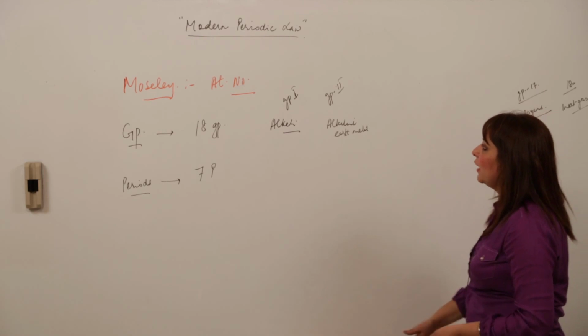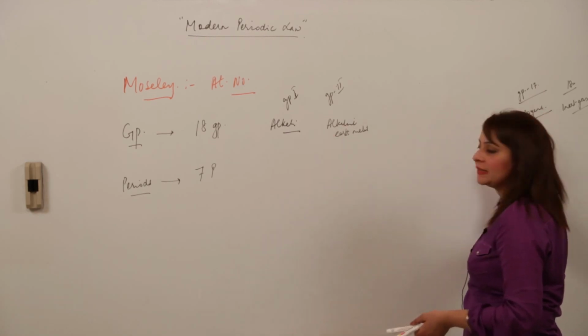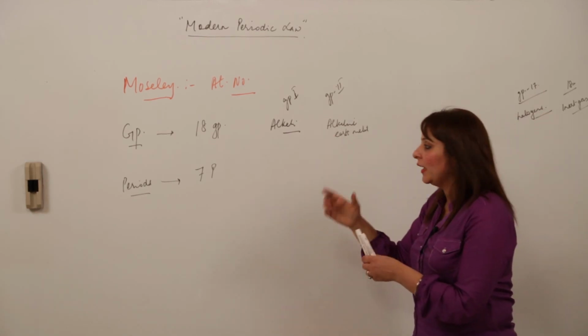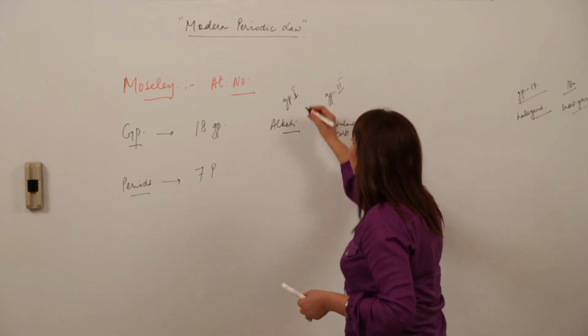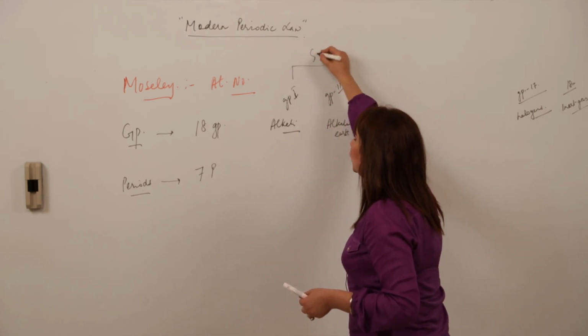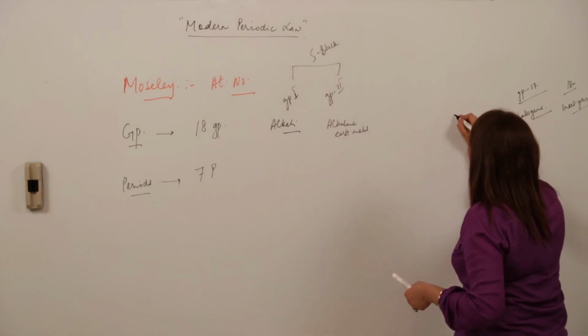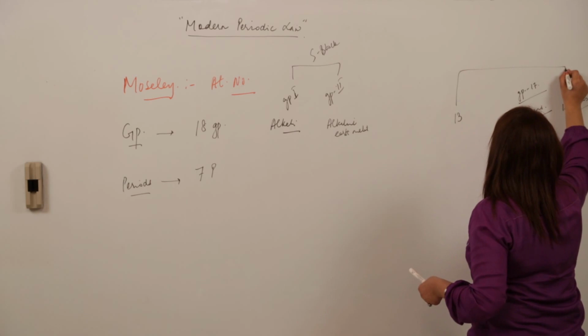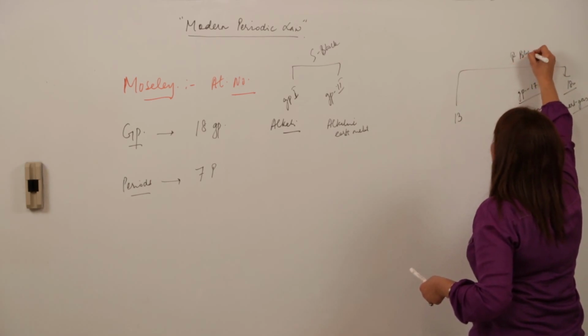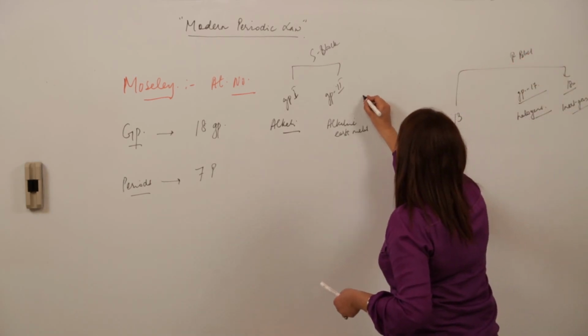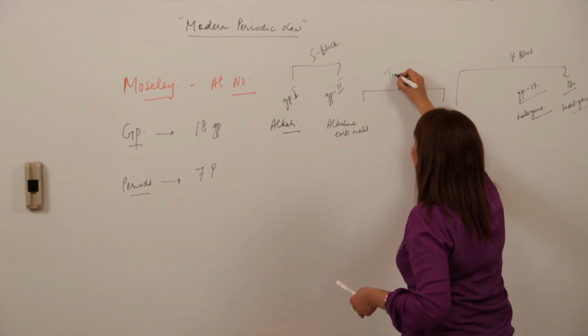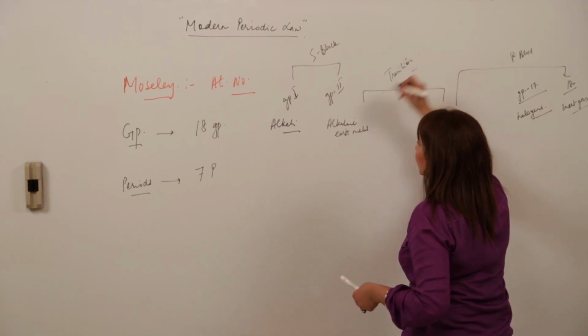So likewise, we have group 1 to group 18, right? Groups 1 and 2 come under the S block, and groups 13 to 18 come under the P block, and groups 3 to 12 are the transition element group, which consists of metalloids.